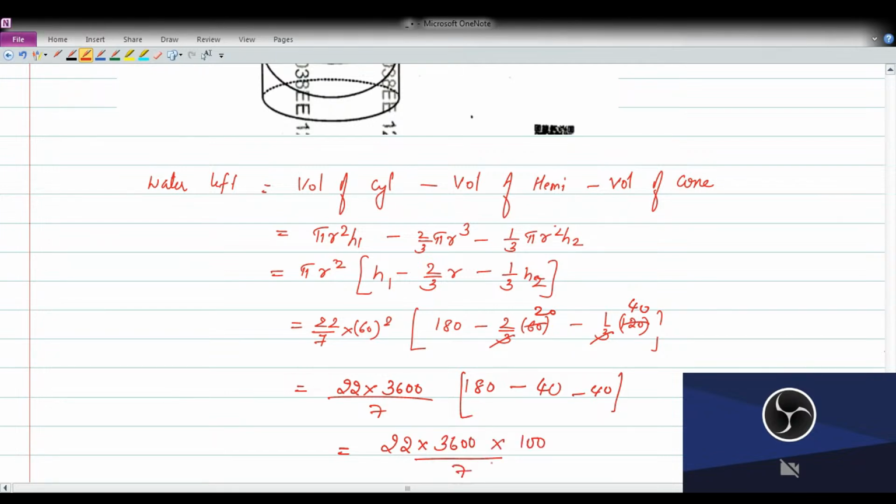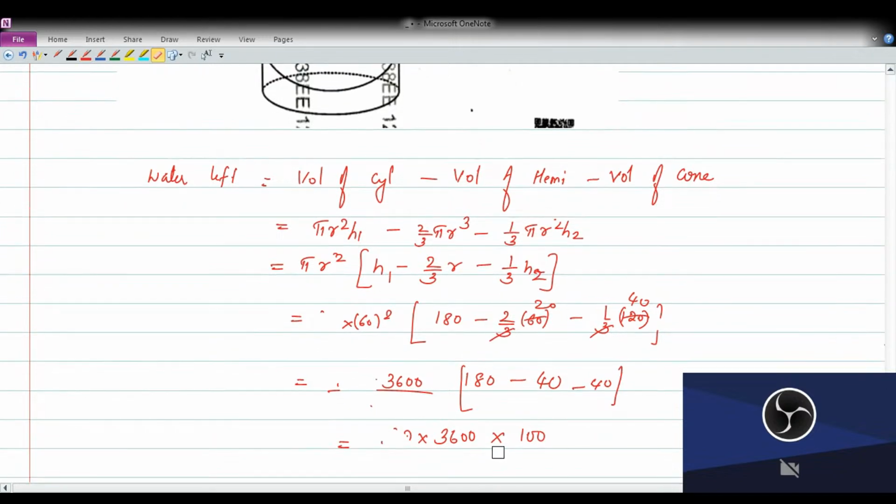I need to find the volume of water left in the cylinder in terms of pi, so there is no need to substitute the value of pi here. I had not observed that. So in terms of pi, that will become 360000 pi centimeter cube.